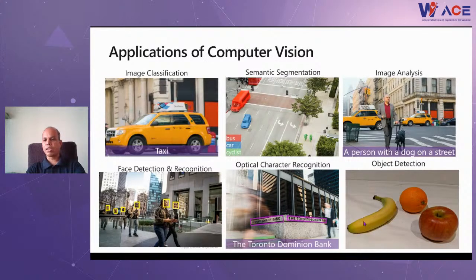And last but not least, how will we detect an object? Very simple examples, like when we were kids, our parents used to teach us letters, alphabets, fruits, colors.